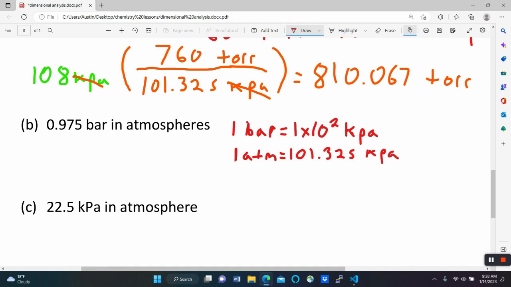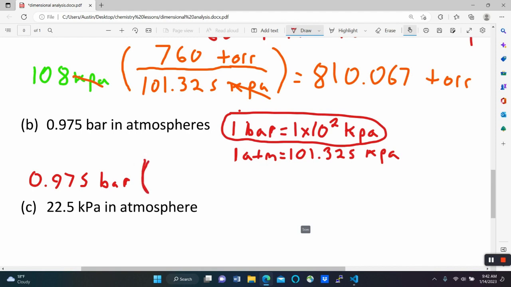So how would we go about converting from bar to atmospheres? To solve this problem, we're going to need two separate conversion factors. First, we'll be multiplying our pressure in bar by the ratio of bar to kPa. So this basically corresponds to our first conversion factor.